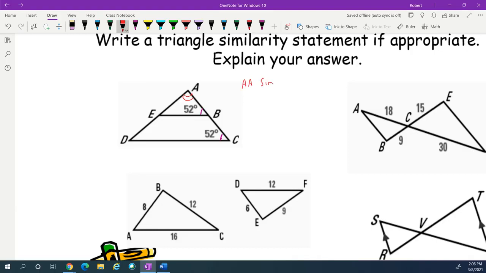We know angle A from both triangles, and we know 52 from both triangles. Remember, we don't need to know what angle A measures. We just need to know that it's the same on both triangles. And of course, we can write a similarity statement. For example, AEB and ADC.